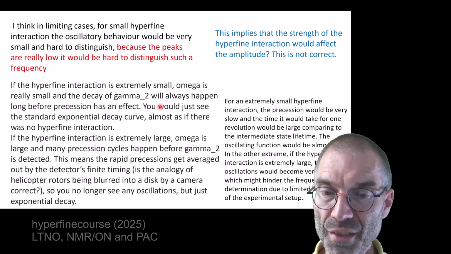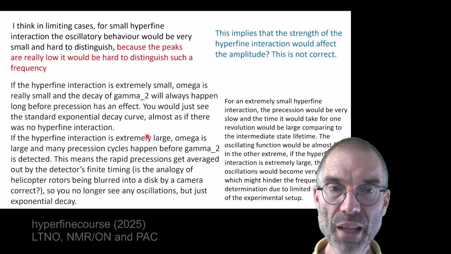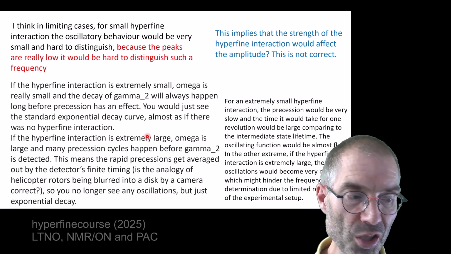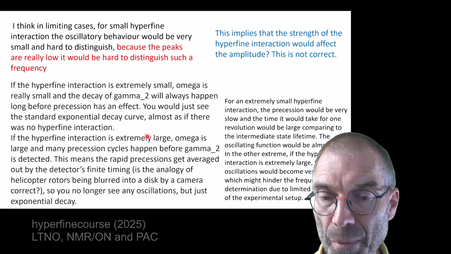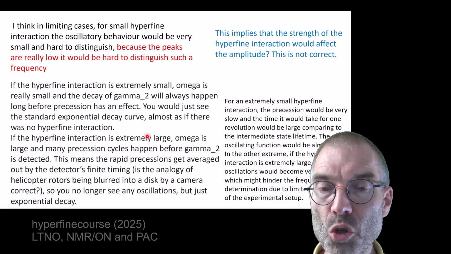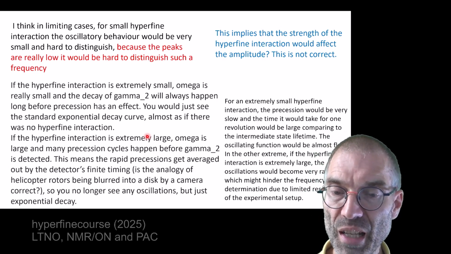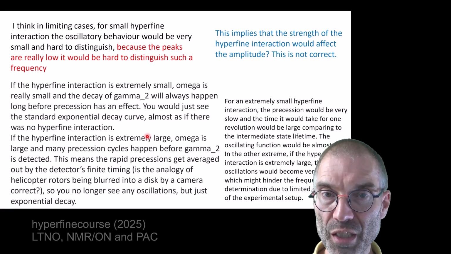On the other hand, if the hyperfine interaction is very large, then you will have a very rapid oscillation, and then it depends on what is the resolution by which you can measure these oscillations. You will always have a time resolution in your detection.